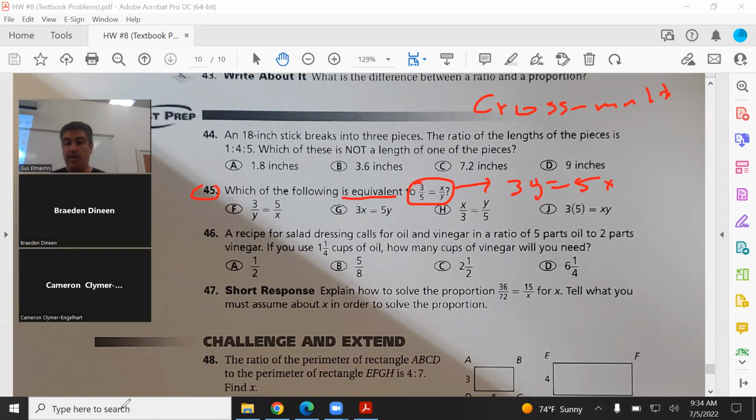G, instantly I know doesn't work. That's the other way around, so I'm going to cross that one off. And likewise with F, 3x equals 5y, no way. I do like H. I do get 5x equals 3y. I think we have a winner here. And J, no way. So it's got to be H. Cool. All right.